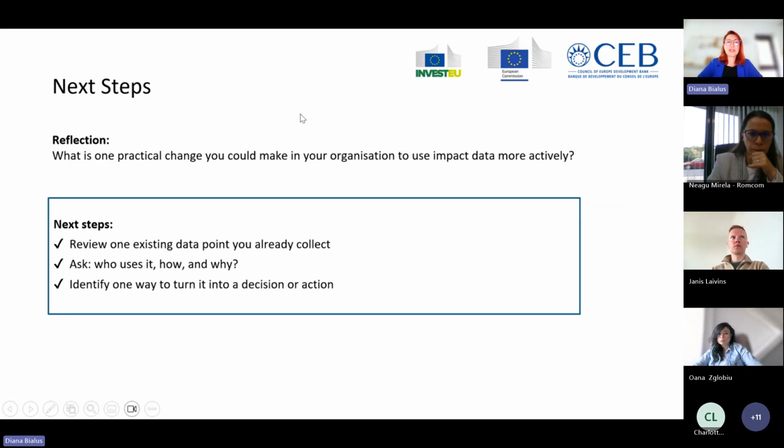So in terms of next steps, there's a reflection question here, which I will leave with you after the training. What is one practical change you could make in your organization to use impact data more actively to support your decision making?